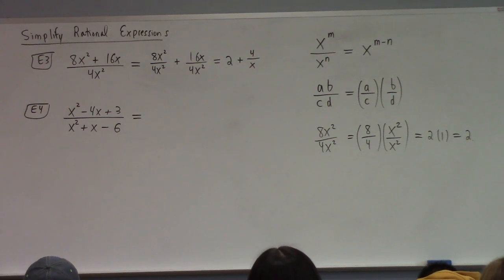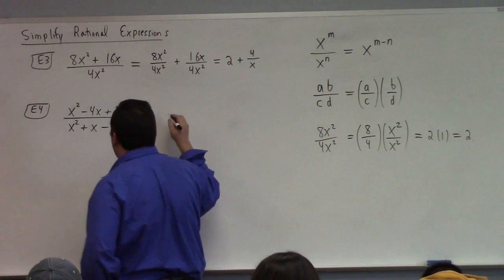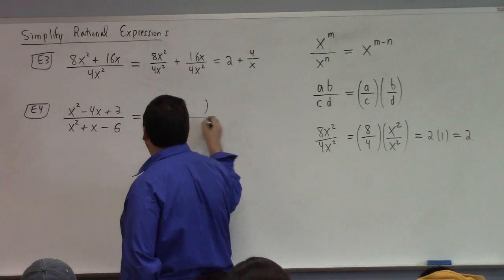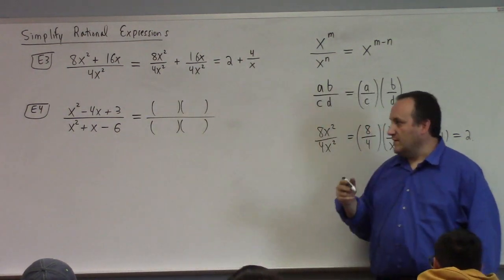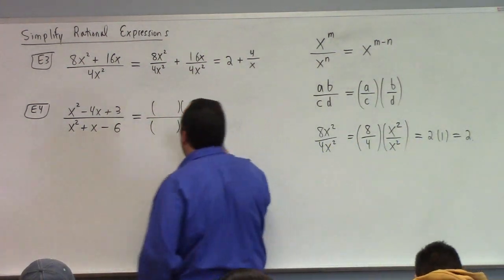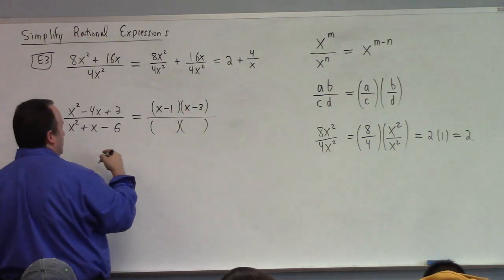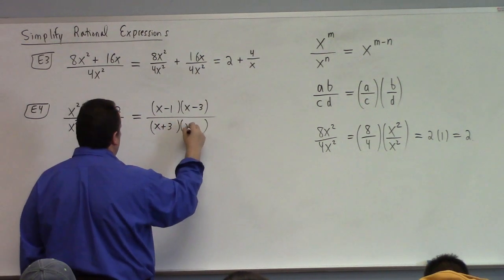But to be sure that you can't cancel something out, what should we do? What's the thing that most of us need to practice more on? Factoring, yes, very true. So x squared minus 4x plus 3, I think we can do x minus 1 and x minus 3 there. And downstairs, we can do x plus 3 and x minus 2, I believe.